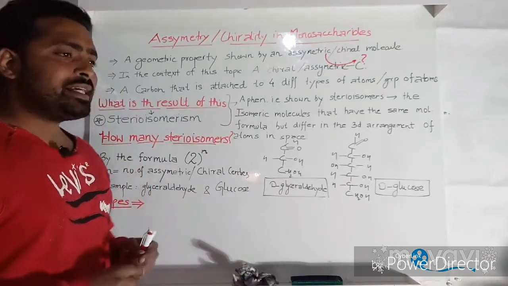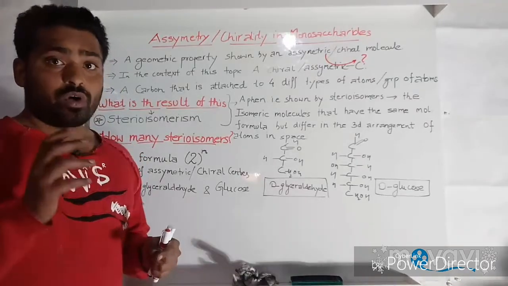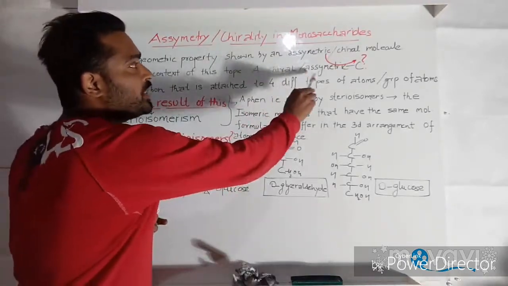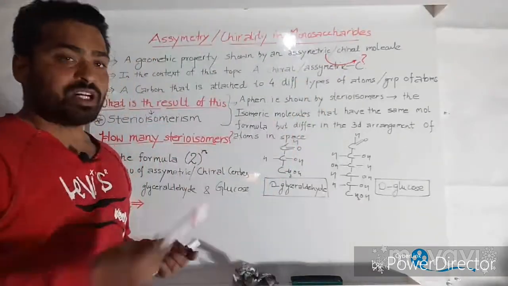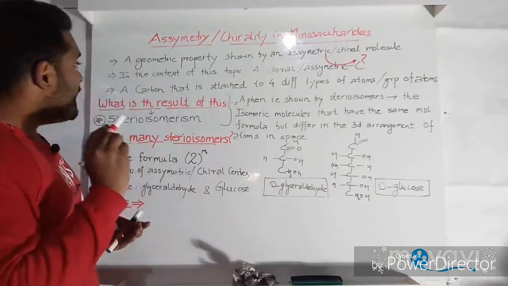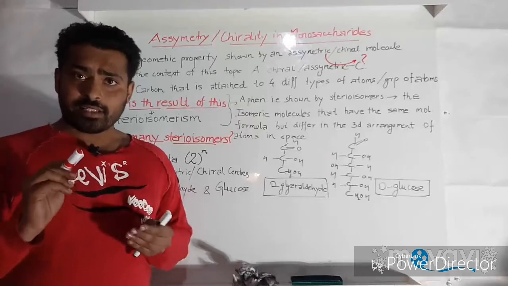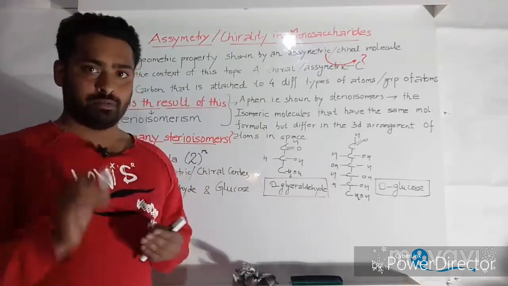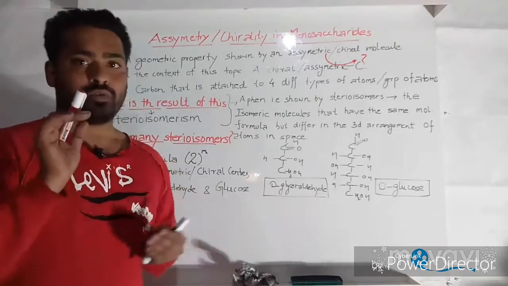Okay, so what is a chiral carbon or asymmetric carbon? A chiral or asymmetric carbon is a carbon that is attached to 4 different atoms or groups of atoms.